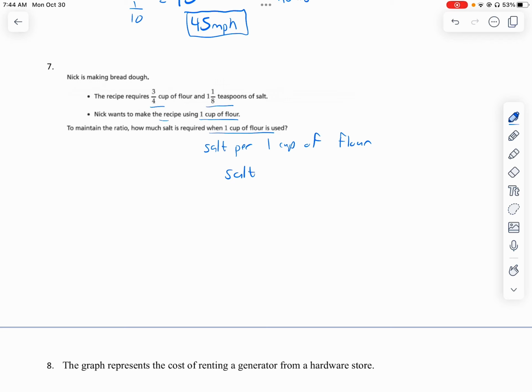So that means we could do the salt over the flour. So it's 1 1/8 divided by 3/4. 1 1/8 divided by 3/4 is 1.5. So it is 1.5 teaspoons of salt.